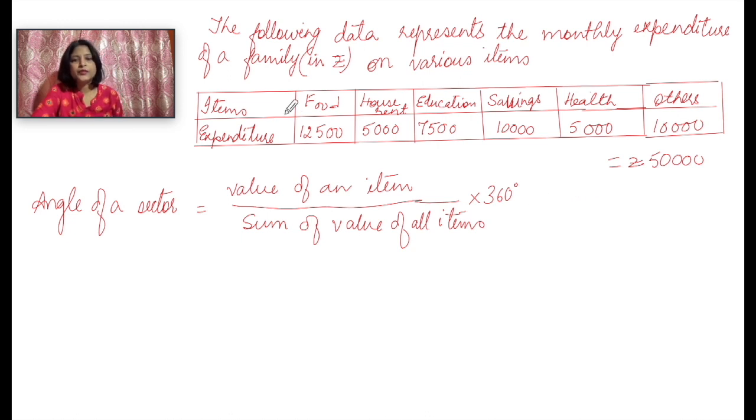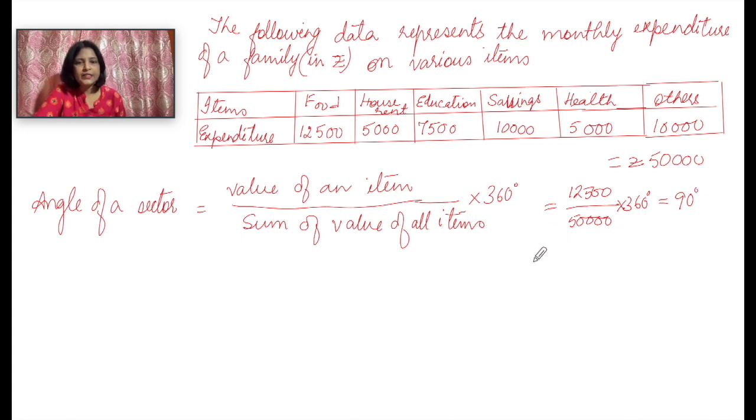Okay. Now the first value of an item here is 12,500 for food. So if I substitute here 12,500 and sum of all values, that is 50,000 rupees, into 360 degree, this will turn out to 90 degree.